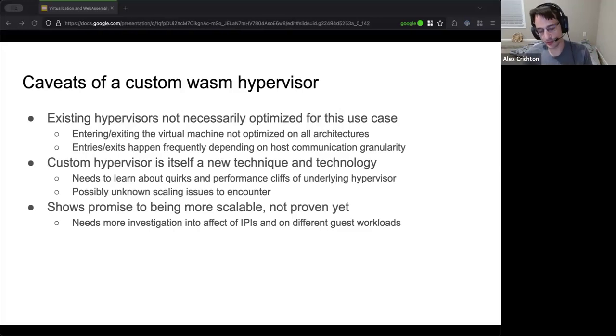And this whole idea is a brand new technique and technology. I think it has a lot of promise in that it preserves a lot of the existing security boundaries that we have today with virtual machines. But I think the scalability still needs to be proven out. One of the main reasons we were looking into this was scalability. When you have hundreds of cores on the same machine all running WASM instances, a lot of the virtual memory tricks we do were playing against us and causing performance to decrease.